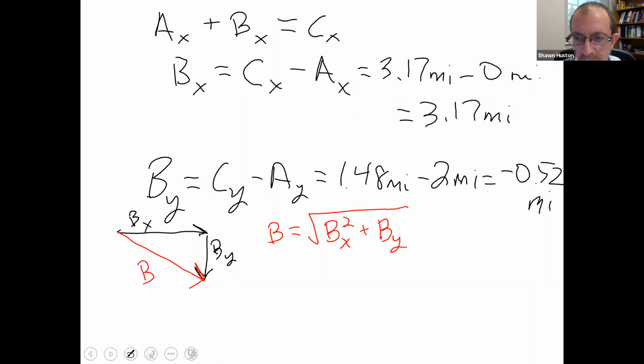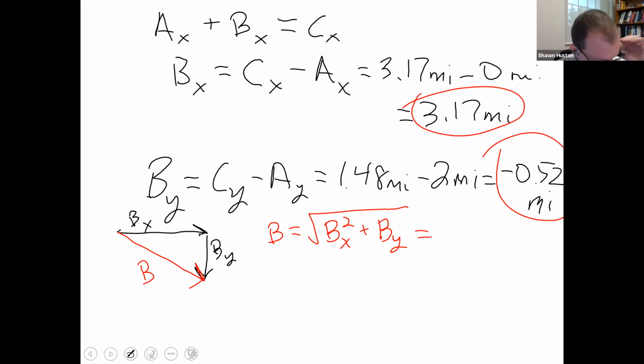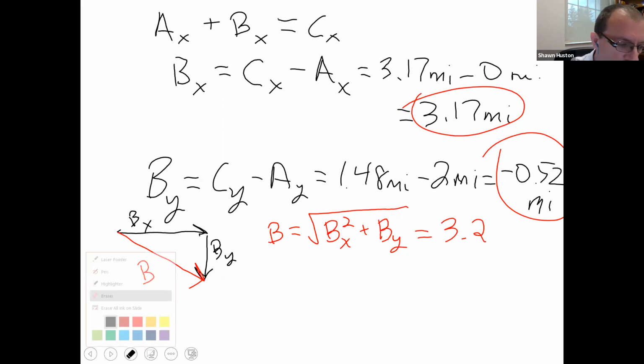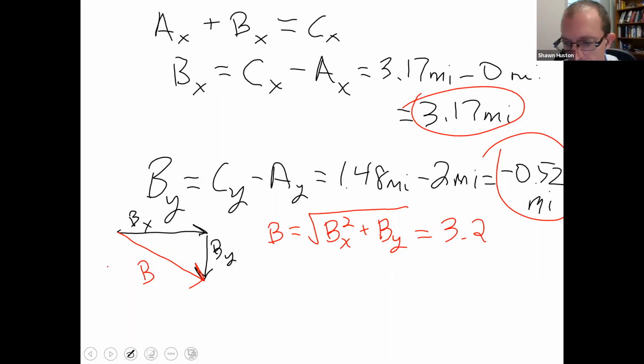If we now stick in numbers for our B sub X and our B sub Y and complete the math, we will get out the result that vector B has a length of 3.21 miles. Okay, at first it was kind of funny that thing kept happening. Now it's just annoying. So that's important.